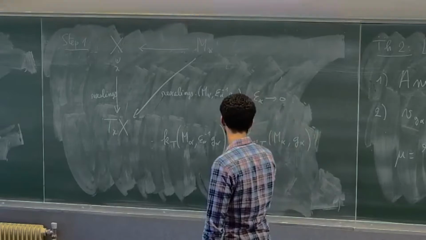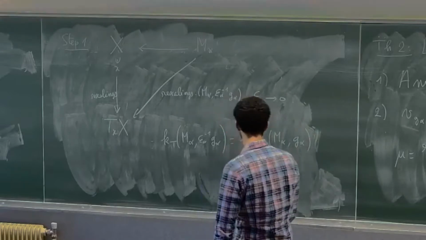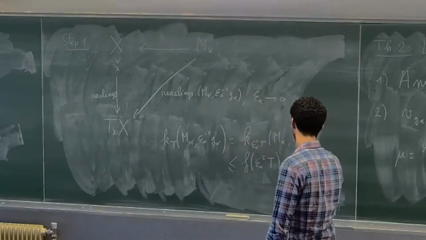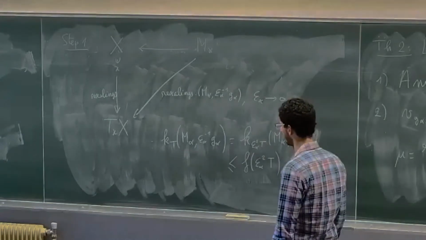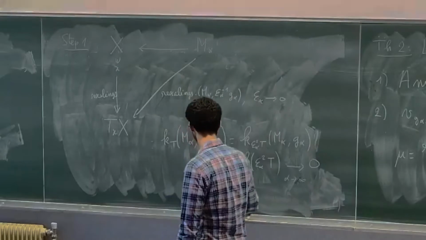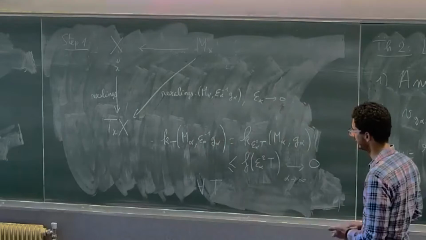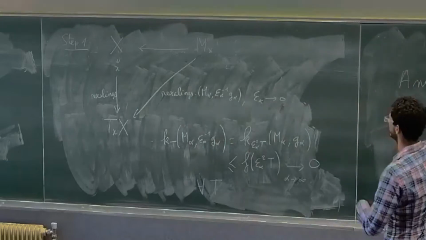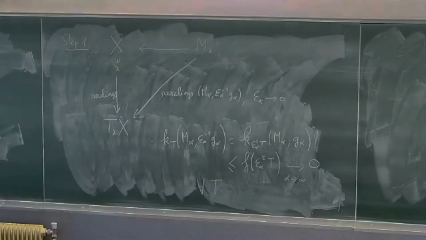From your Kato assumption, this is controlled by f(epsilon_alpha^2 t), and so this goes to 0 when alpha goes to infinity, sorry. And you have this for any t. So your tangent cone is a limit of manifolds with K_t converging to 0 for any t.